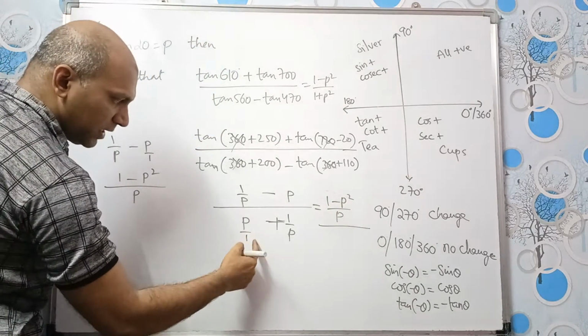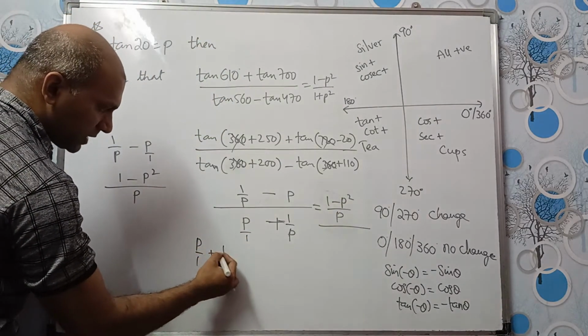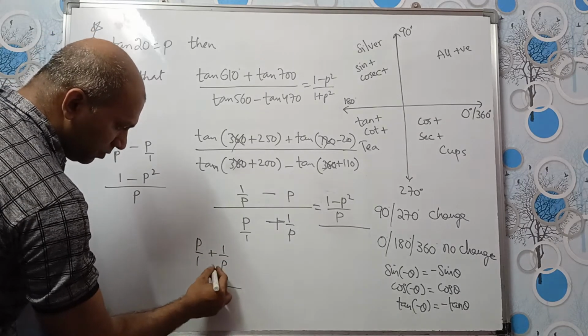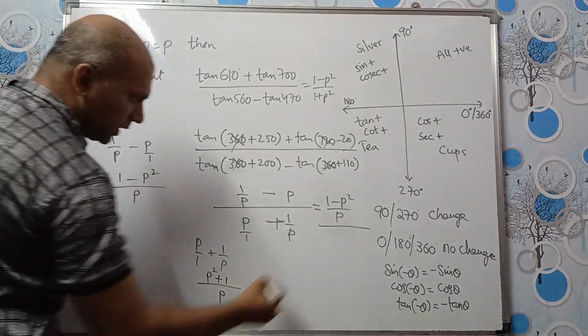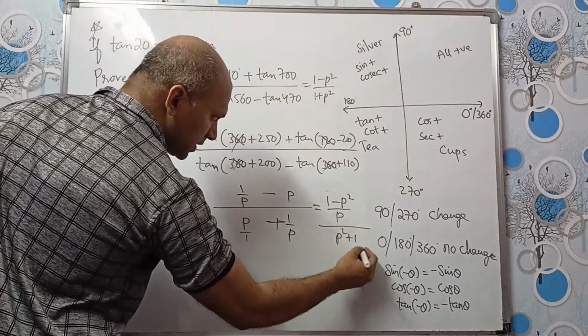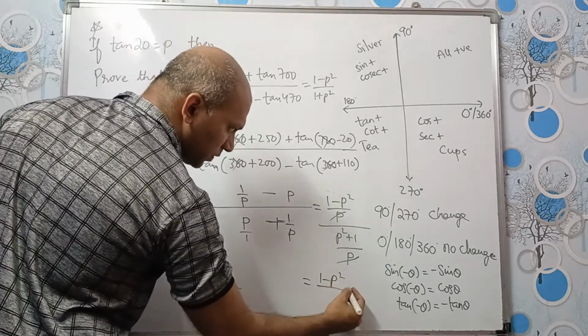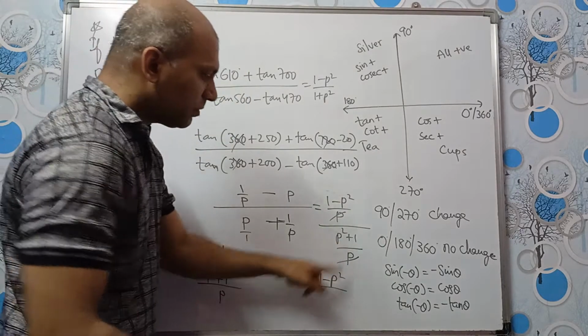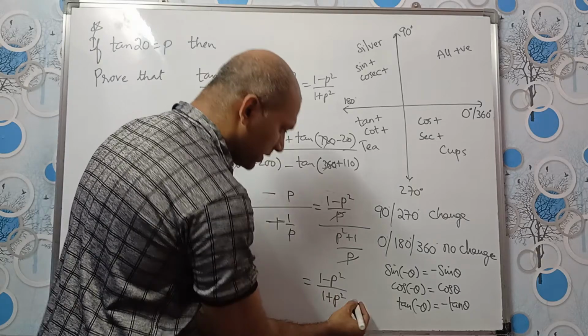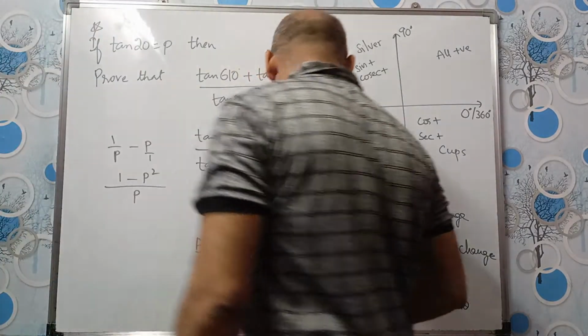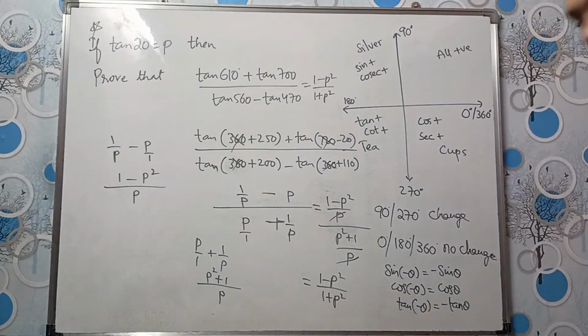Can we write it as p by 1? Yes. P by 1 plus 1 by p. 1 into p is p. Cross multiply: p into p is p square, plus 1 into 1 is 1. So this will be p square plus 1 divided by p. This p and this p will get cancelled. We'll have 1 minus p square divided by p square plus 1, or 1 plus p square. Okay, we proved that this is equal to 1 minus p square by 1 plus p square.